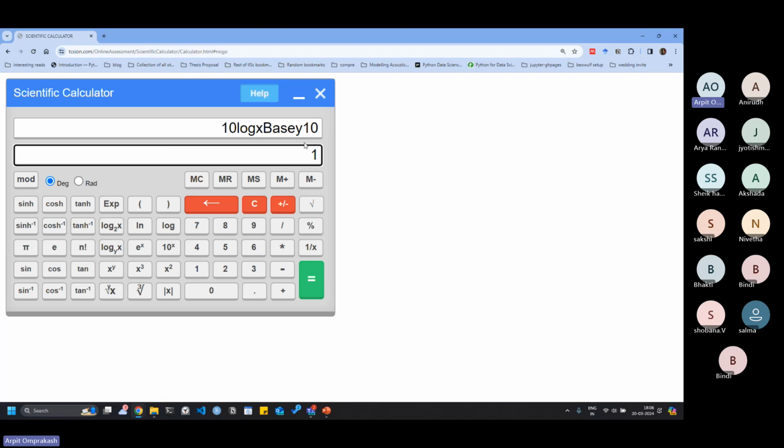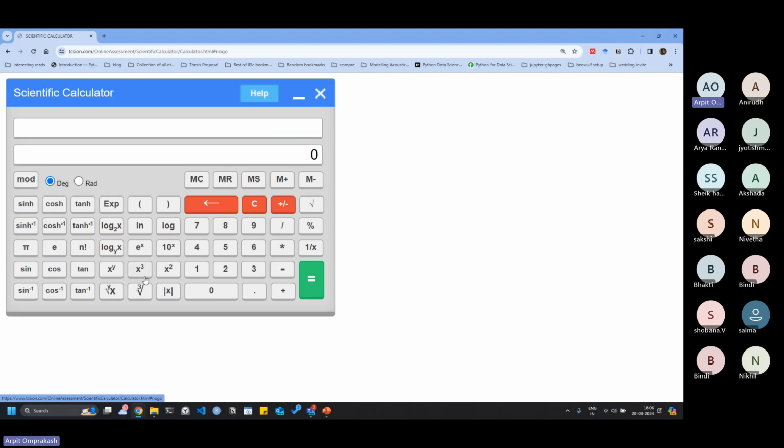So log of 10 base 10 is 1. Then this is similarly for the others also. Here you get the cube, so basically 2 cube. If you want to raise 2 to the power of 6, you can do it like this: 2, then you press this, and then you press 6. Great.